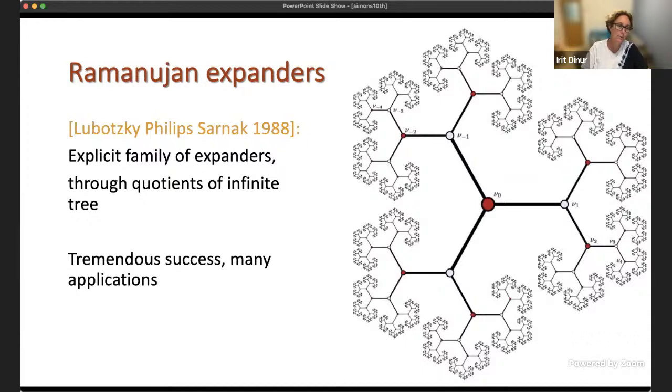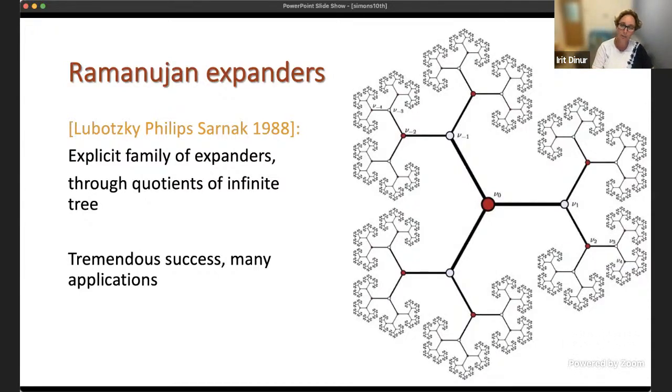Lubotzky, Phillips, and Sarnak in 1988 constructed the Ramanujan expanders. The way they did it is they started from the infinite tree. Here in the picture, we see an infinite three-regular tree. Here is a vertex, it has three neighbors, and then each neighbor also has three neighbors, and so on and so on. It goes all the way to infinity.